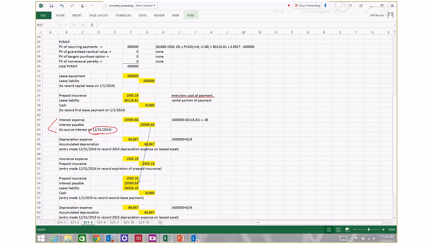To accrue the interest, we take the carrying amount of the lease liability at the beginning of the interest period, which is January 1st, 2014, and multiply it by the interest rate that we're using in our present value calculations, which is 8%. That's the lessee's incremental borrowing rate.